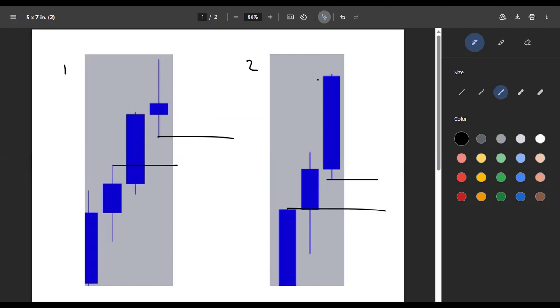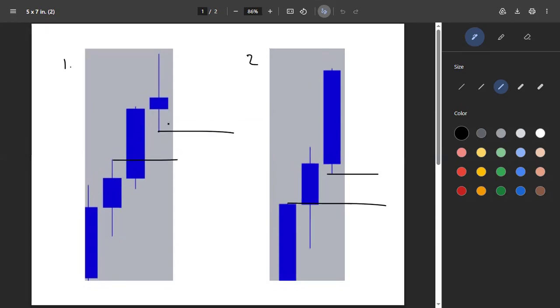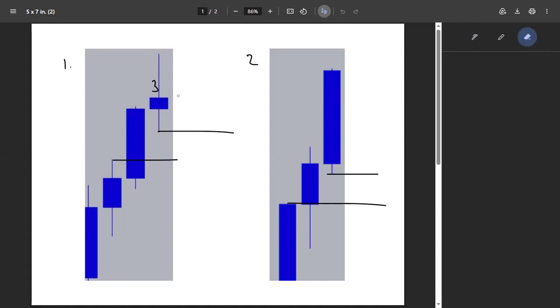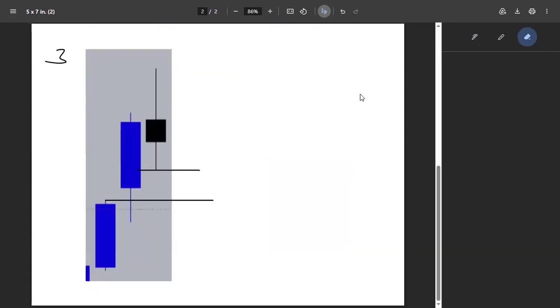So the first scenario is a fair value gap, but the trick here is to observe the third candle, this candle here. This is the one we need to observe. And how are we going to observe it? We're going to look for three things.